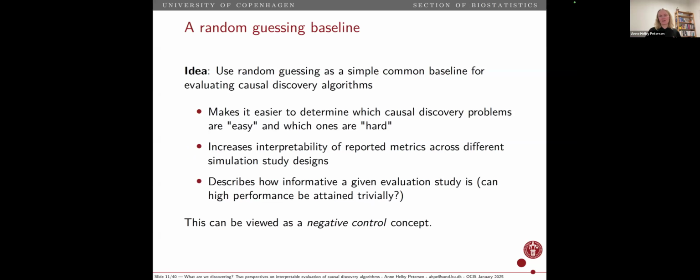This is something I personally am familiar with from epidemiology, where it's an approach to understand complex designs where you can't fully describe everything that's going on. So instead of describing exactly how hard the problem is, we'll just compare it to something that has no knowledge about the data generating mechanism.